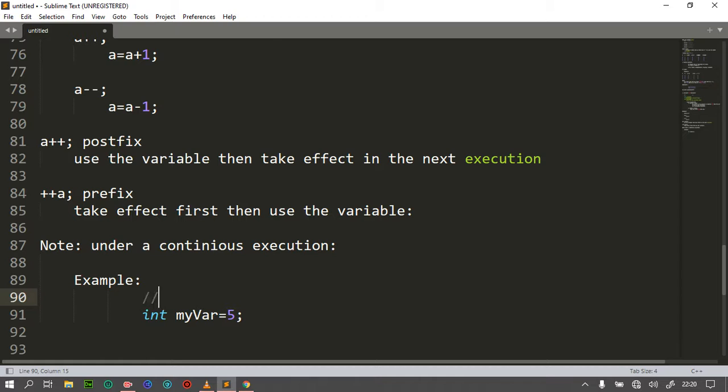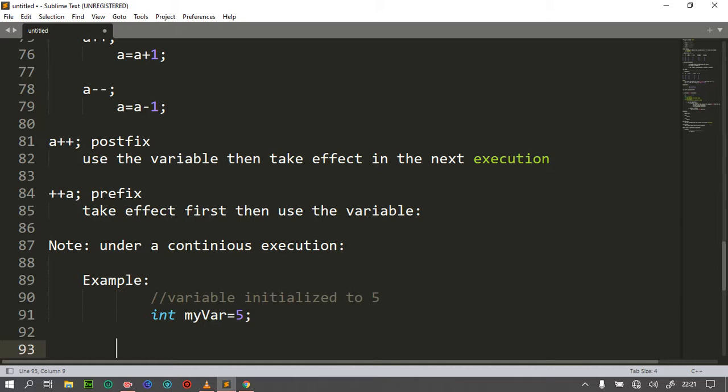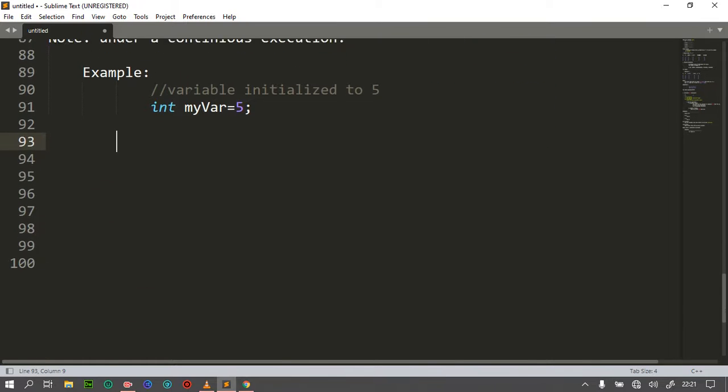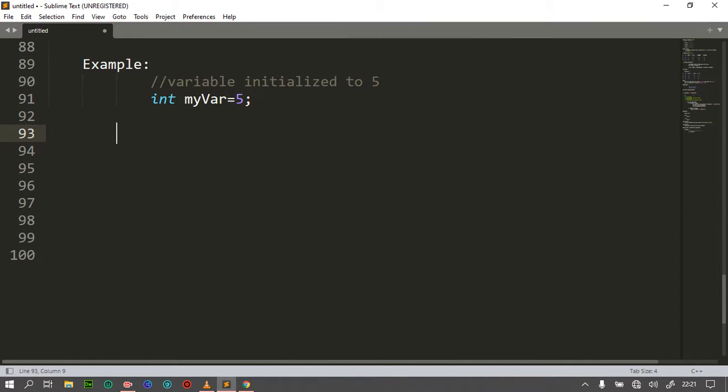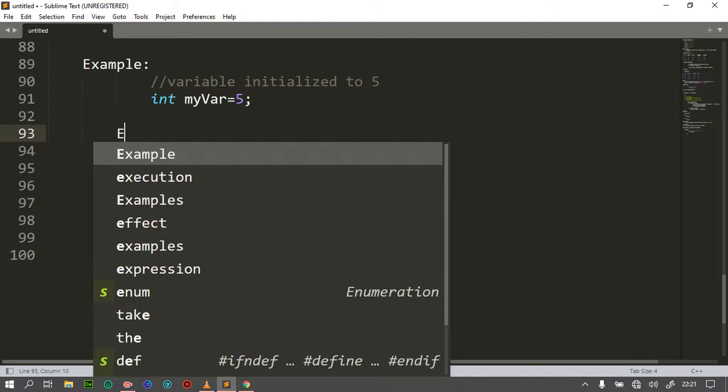Okay, I'll comment and say variable initialized to 5. Hope you remember how we use comments. So the variable is initialized to 5. So what is going to happen? Then I'm going to say evaluate.